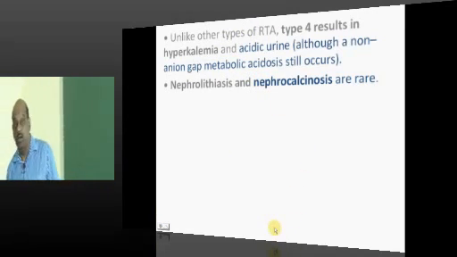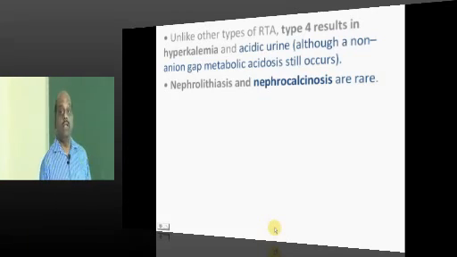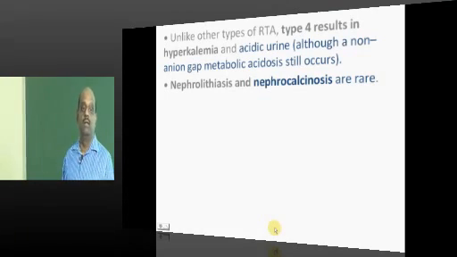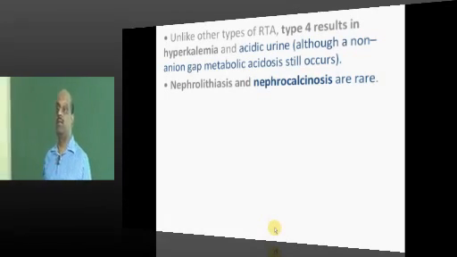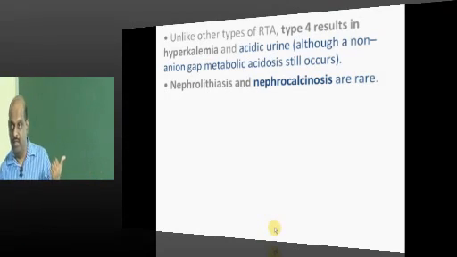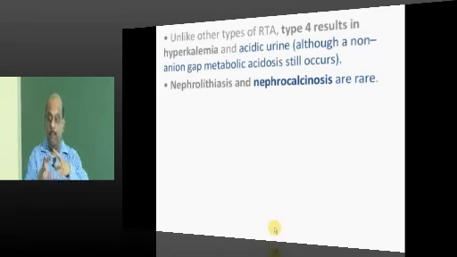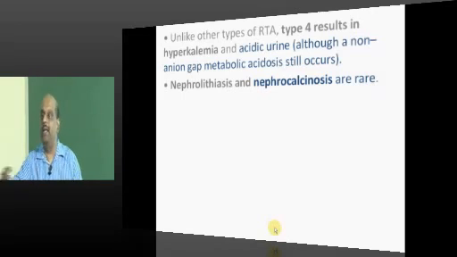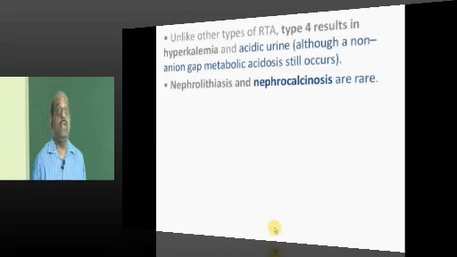Then, what is the problem in type 1, type 2? Type 2 is proximal RTA. In that, bicarbonate is not reabsorbed, it is appearing in the urine. Hence, how is the urinary pH? Alkaline.